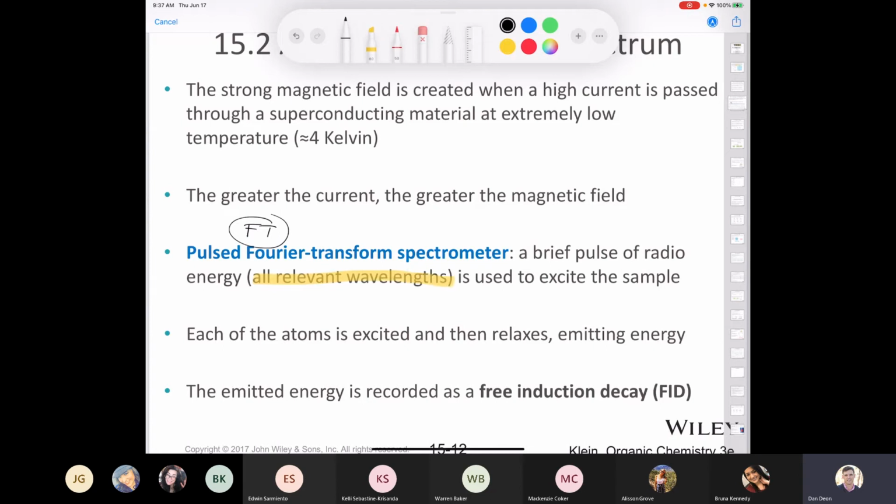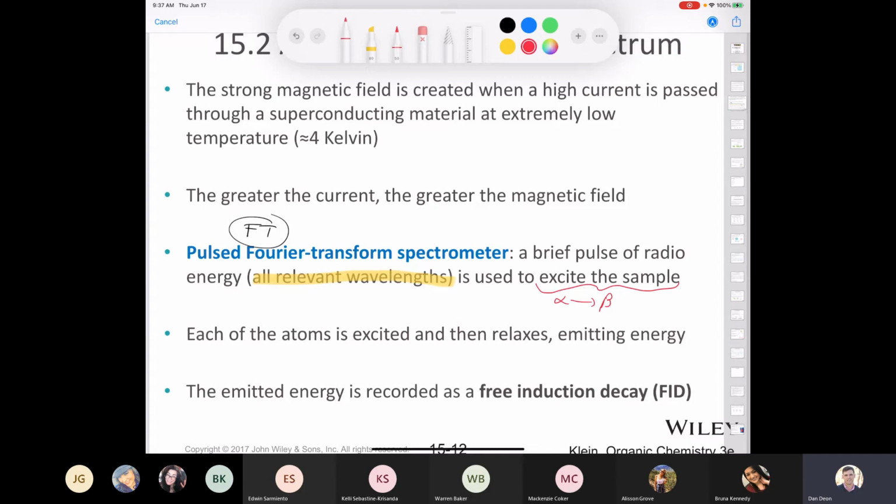Now, excitation of the sample, all that means is it's going to cause resonance to occur for every nucleus. So you're going to go from an alpha to a beta spin state. Okay? So again, what we do is we take our sample and we hit it with every frequency of radio energy that's required to get every nucleus to flip from alpha to beta spin state.